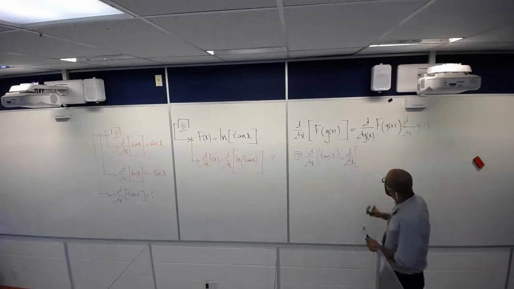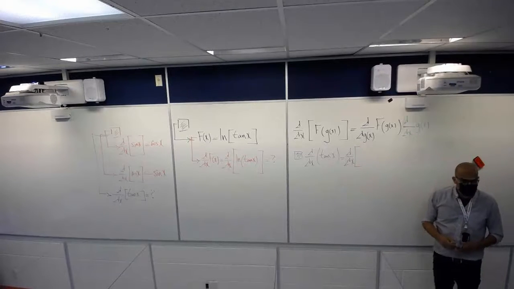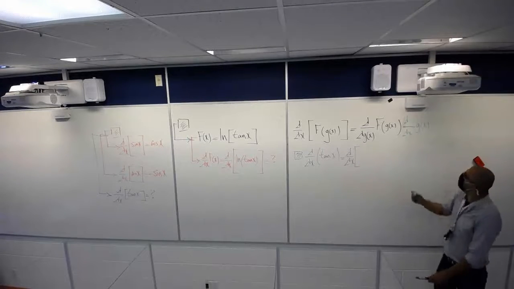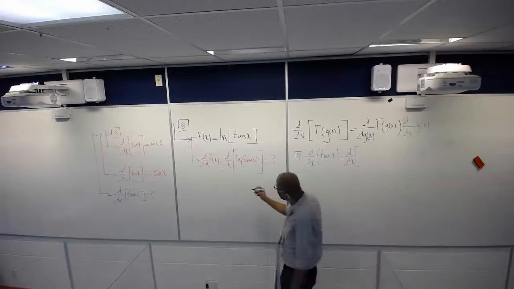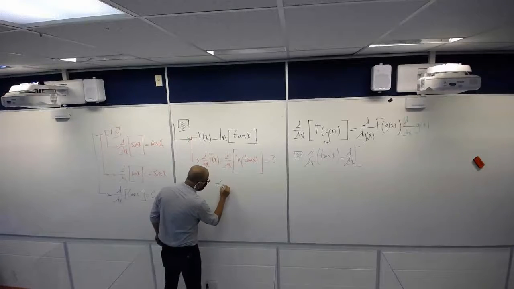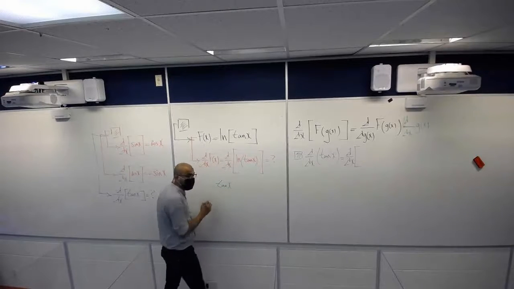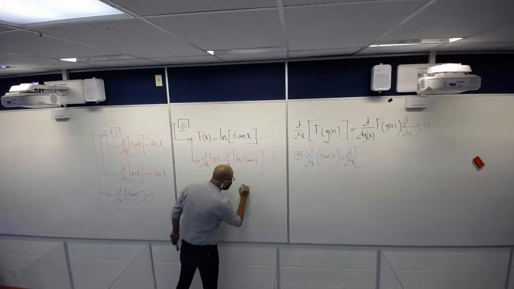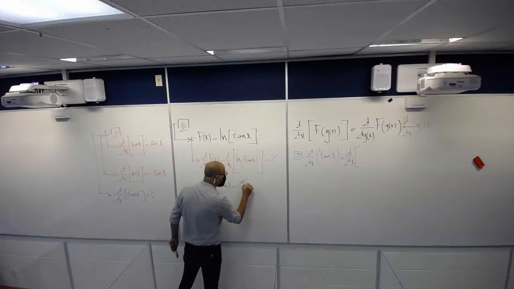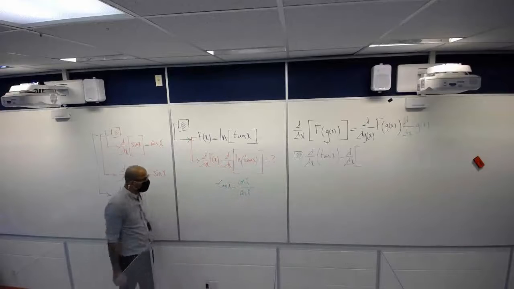However, you know from one identity that we learned a decade ago that the tangent of x, or any variable, is the ratio of the sine of that variable over the cosine of that variable.